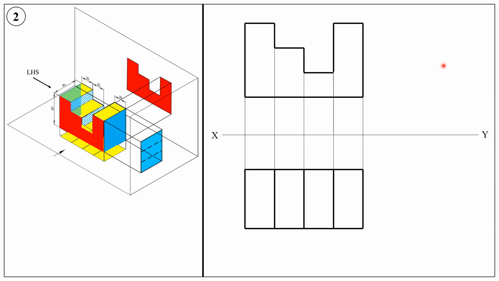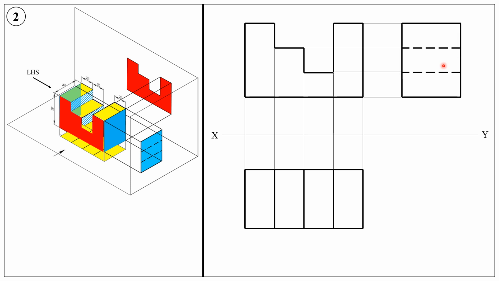And both the front view and left hand side views are at the same level. Therefore, from each and every corner point in the front view, draw horizontal lines. Those are all the projectors. Complete the left hand side view like this. So these two lines are dotted, which represent this edge and this edge.